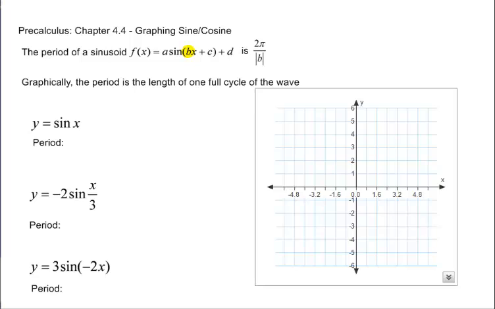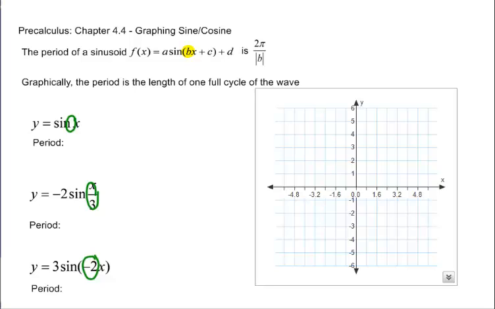Graphically, the period is the length of one full, complete, beginning to end cycle of the wave. And again, it's the absolute value. The period cannot be positive or negative. If you write down a negative period, that's incorrect.